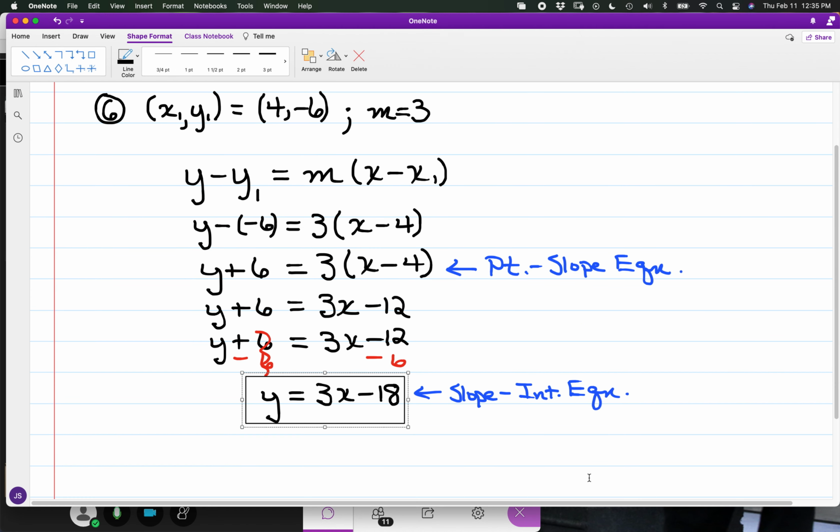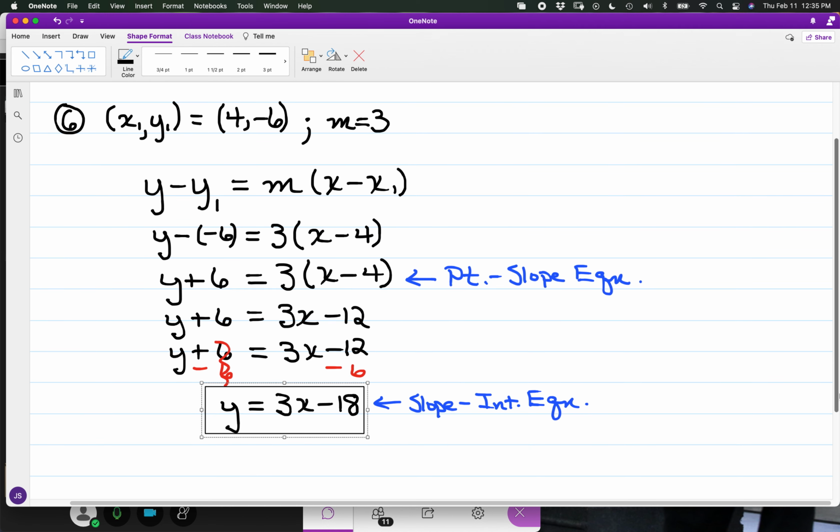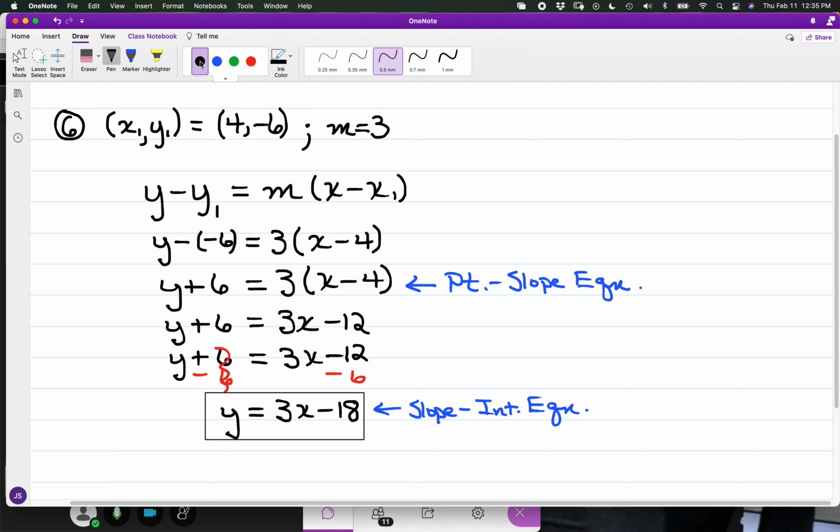And once again, in the other case, we're looking for the slope-intercept equation where we do not have the slope given along with a point, but two points through which the line is going to pass.